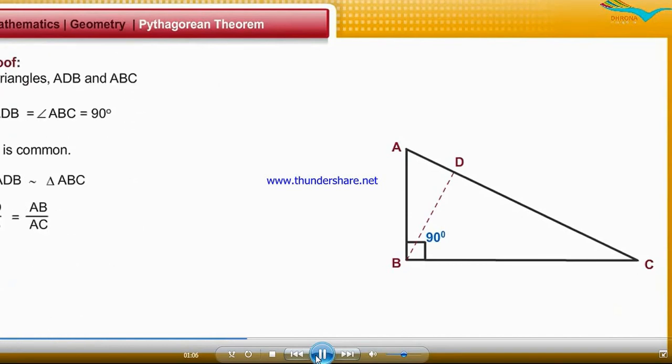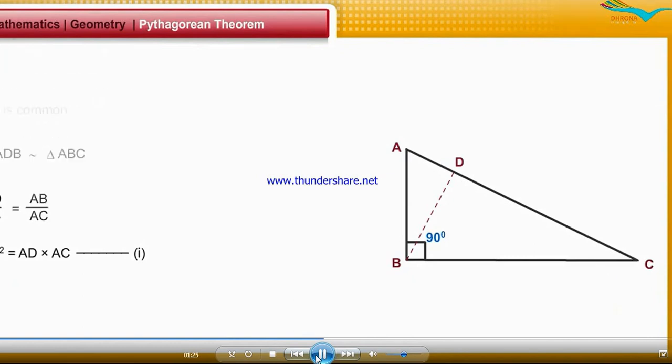We know that in similar triangles, corresponding sides are proportional. Therefore, AD by AB is equal to AB by AC. By cross multiplication, we get AB square is equal to AD into AC. Mark this as first equation.